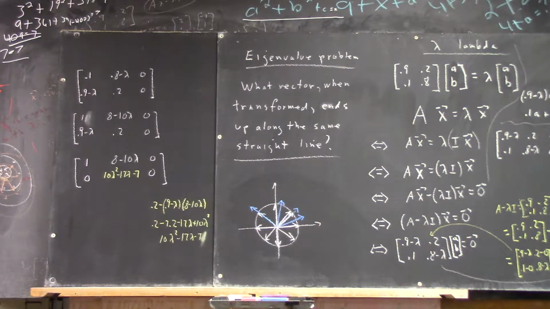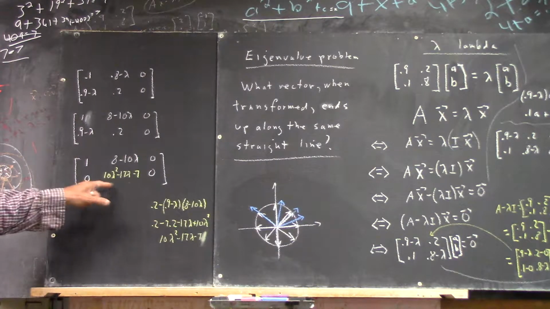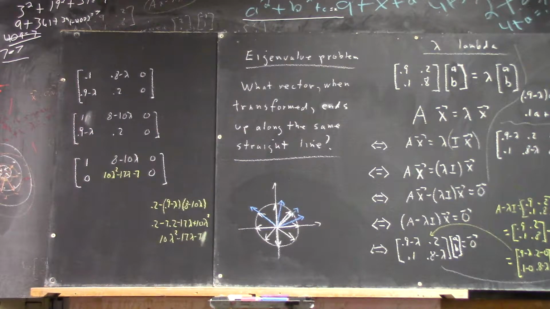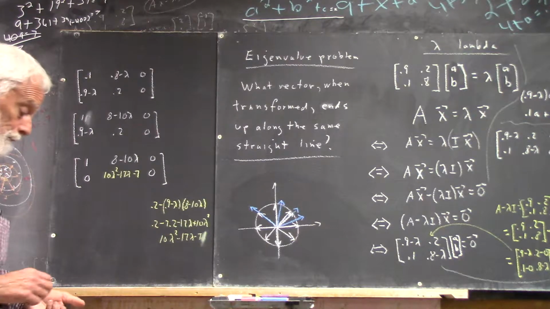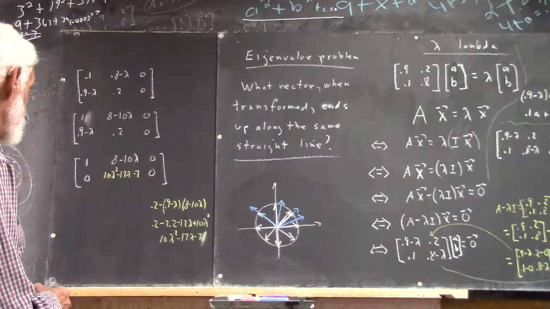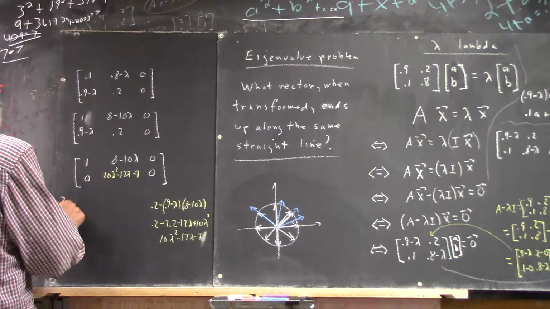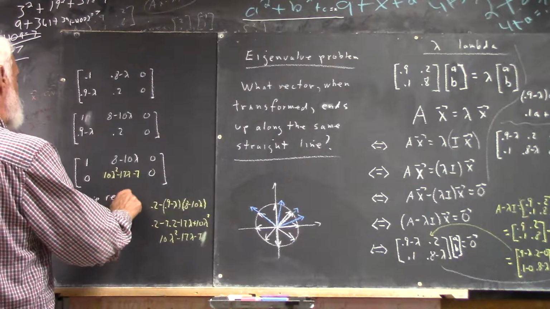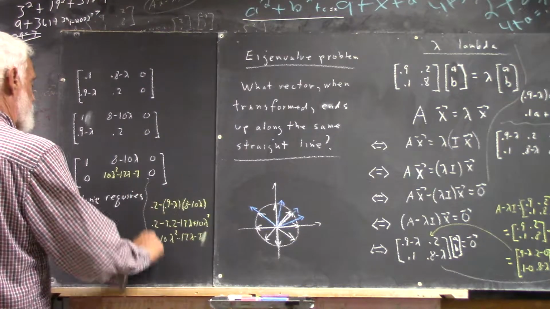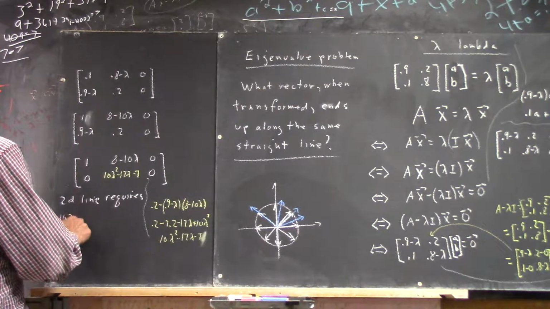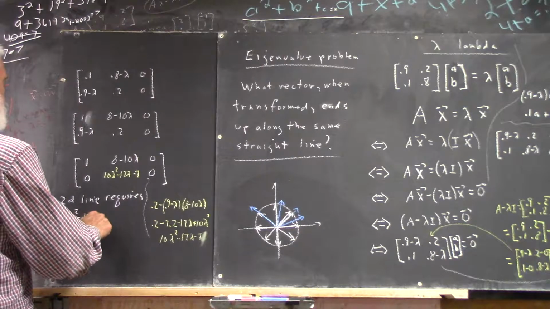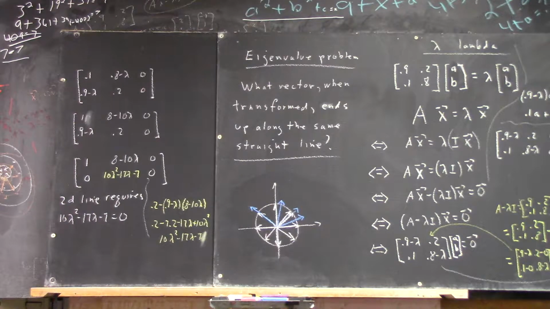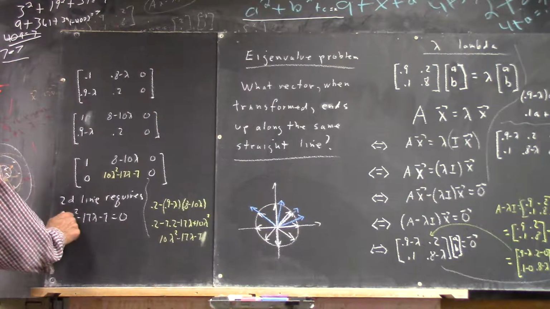Expression is equal to 0. Yeah. It says this has to be 0 because if this is going to be a valid reduction, it's your only choice. Okay, so the second line requires that 10 lambda squared minus 17 lambda minus 7 equals 0. Okay? So how do you solve that?